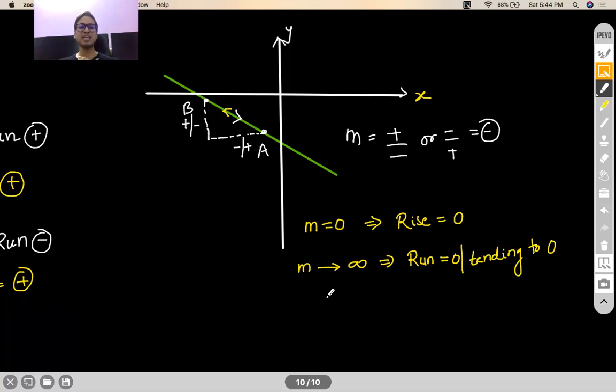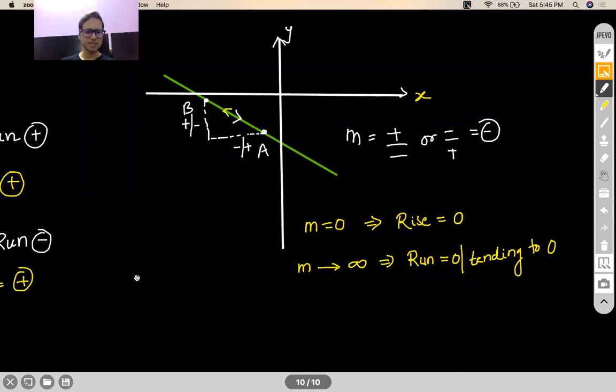Many people will try to justify that for the y-axis, the slope is tending to infinity. So there are different ways to justify this concept. We will not go into details of that because that is not useful for our problem solving. We are not going to do research work on it. But if you ask my opinion, I would say you can consider the y-axis to be a line with infinite slope.